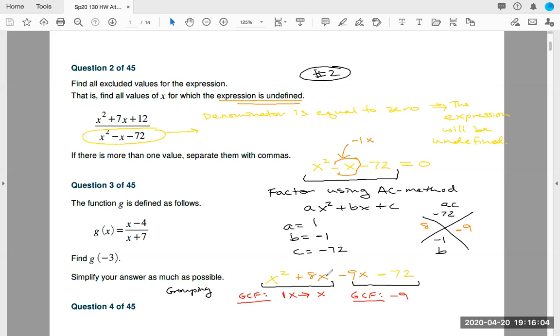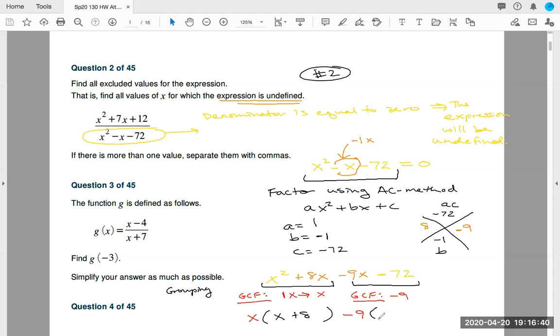So between these two first terms, factor out the x. And then what's left over, we have x squared. If we divide out an x, we're left with x. And then you have 8x divide x. That's positive 8. And then GCF for the second group, negative 9.